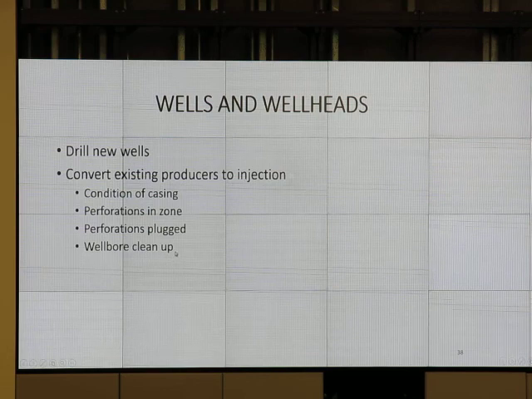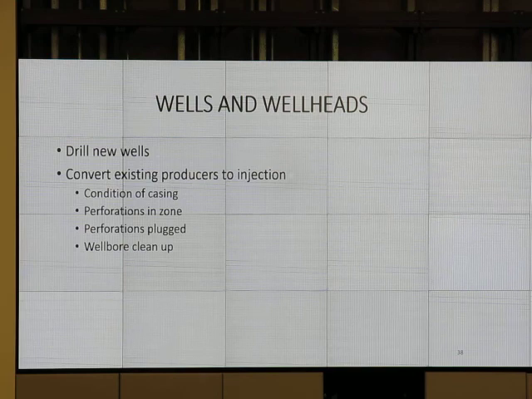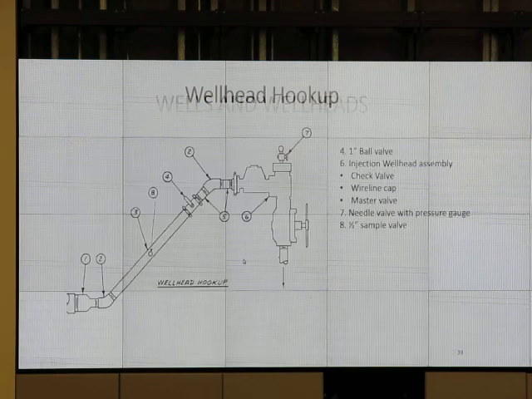And in general, is there fill in the well bore that's going to have to be cleaned out? So if you're doing your economics on your well, you can drill a new well for certain cost, but just because I've got an existing well bore doesn't mean it's going to be free. There's certain costs that have to be incurred to get it going.